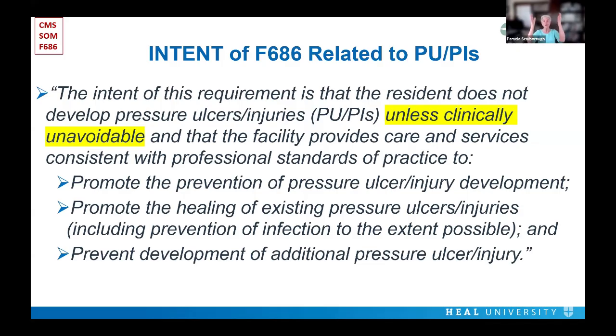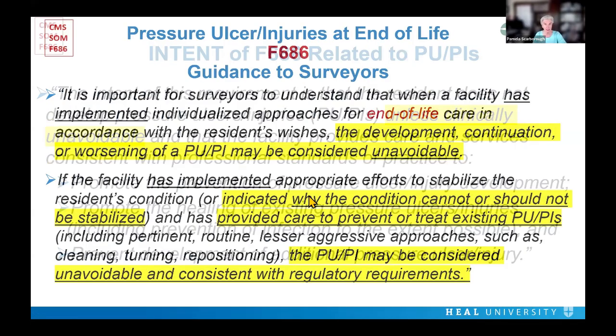So this is what all of our buildings in this country are supposed to be doing, unless it's clinically unavoidable. And that's what the buildings have to show, that it's clinically unavoidable.